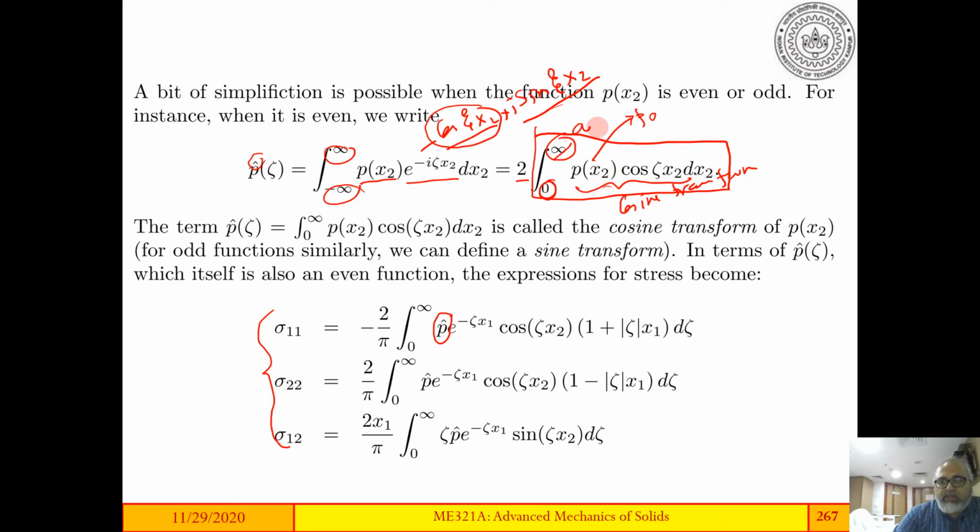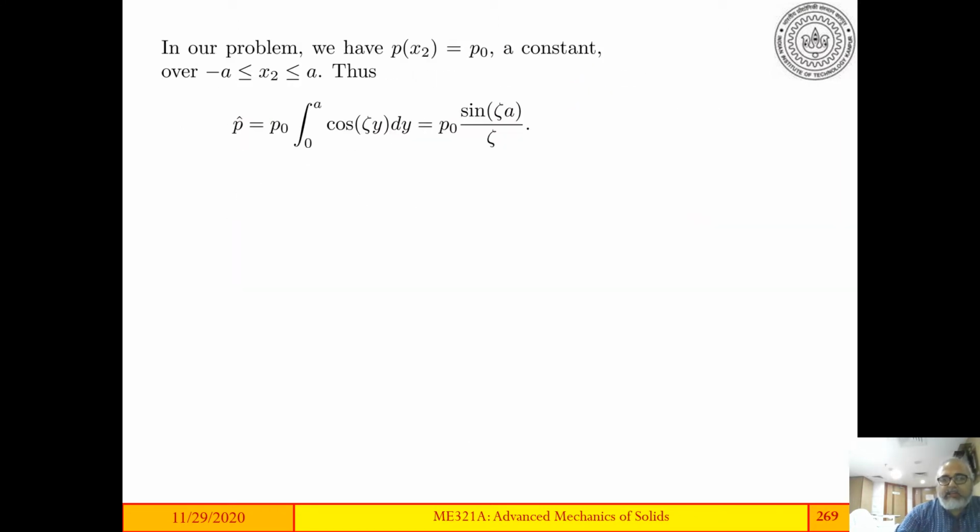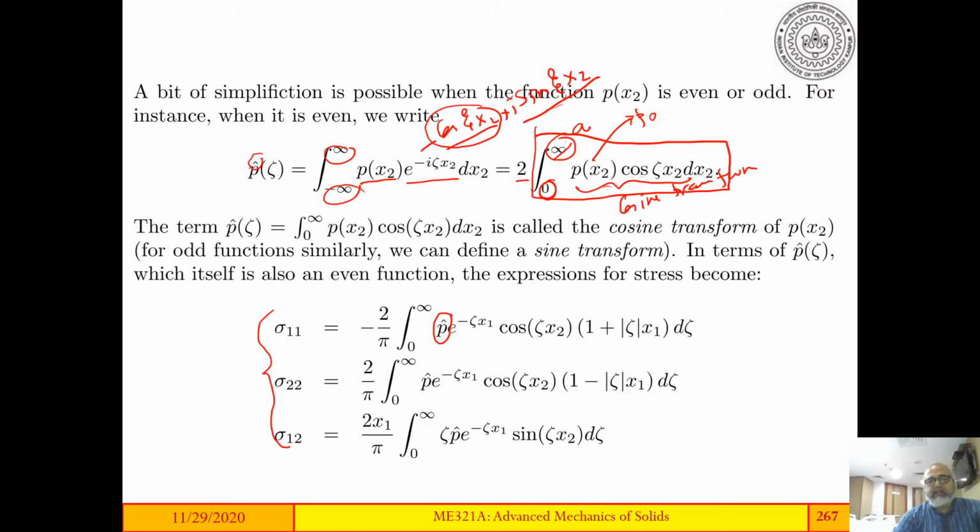To do that is easy. We get p hat easily, and that comes out to be p naught sine zeta a by zeta. Now we simply plug p hat in and try to evaluate these integrals, and it turns out these integrals are evaluable in this case.